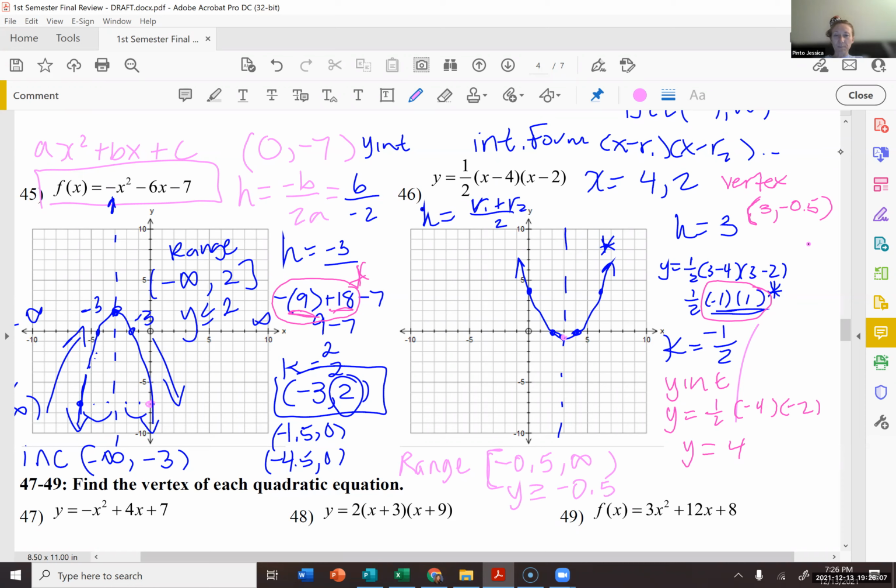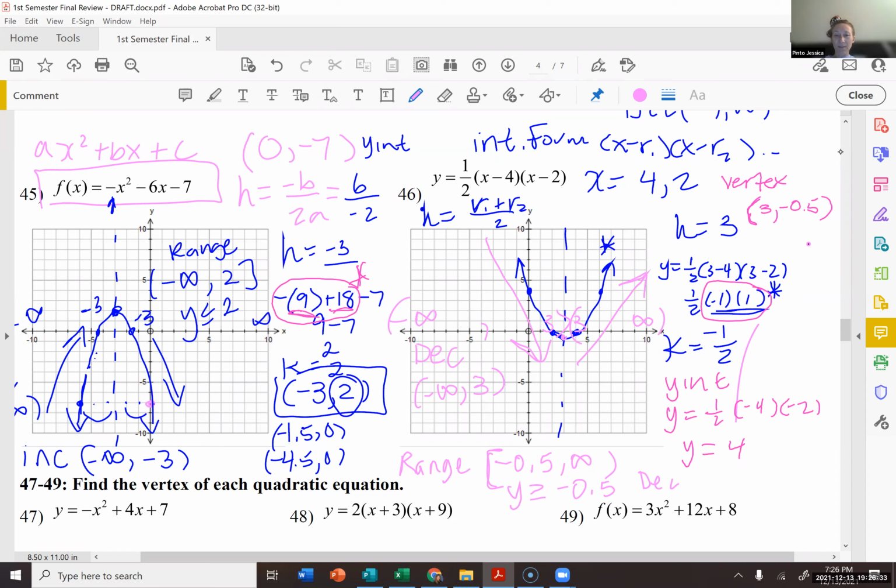Then for the increasing and decreasing intervals, this is -infinity, this is 3, and then 3 to infinity. Just tracing it, on this side we're going down, but on this side we're going up. So the decreasing interval is -infinity until 3.